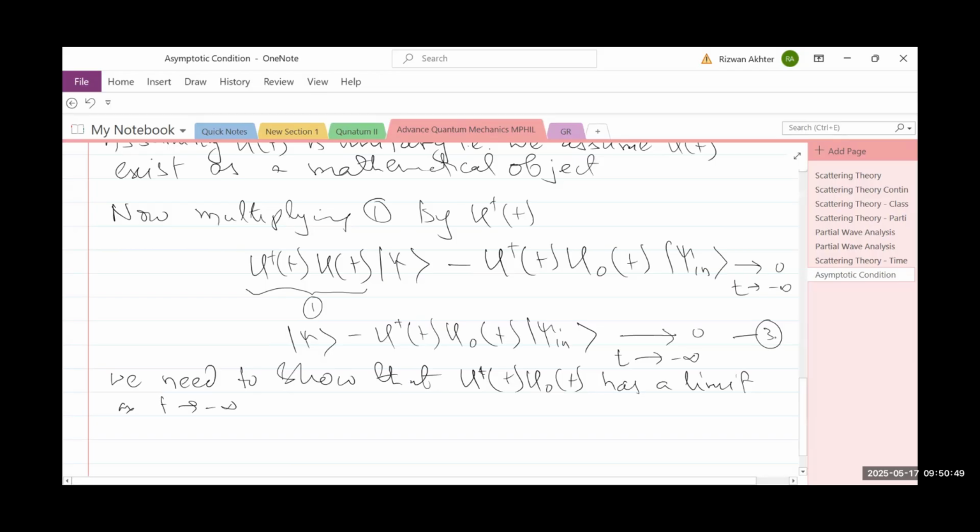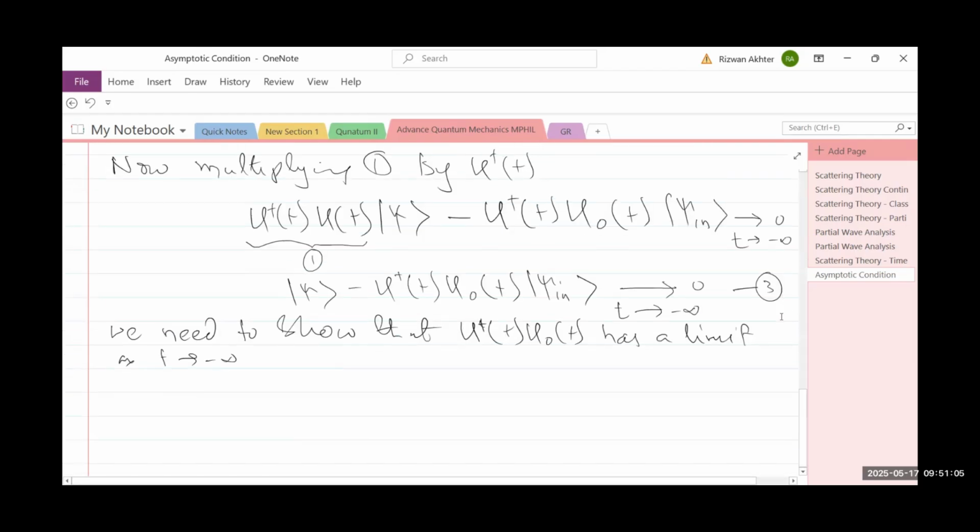If it oscillates, then it would not have a limit, that is some sort of a bound state. But we are talking about a case where it does have a limit, so it would not be an oscillating state, it would not be some bound state. We could think about, as we discussed earlier, a particle that comes in towards the target and there is no out state, and that only happens when the target captures the incoming particle, and then that incoming particle becomes a bound state of the target.